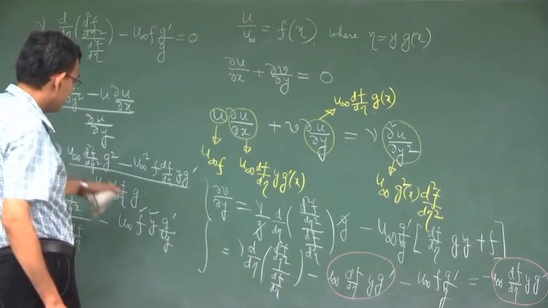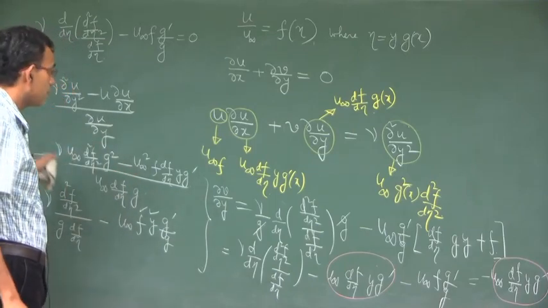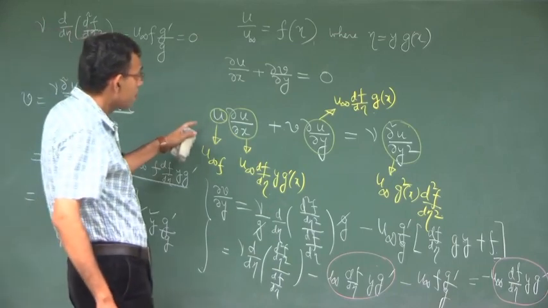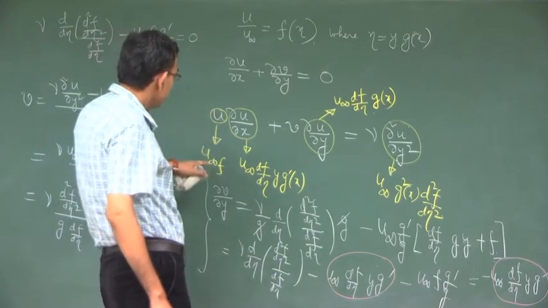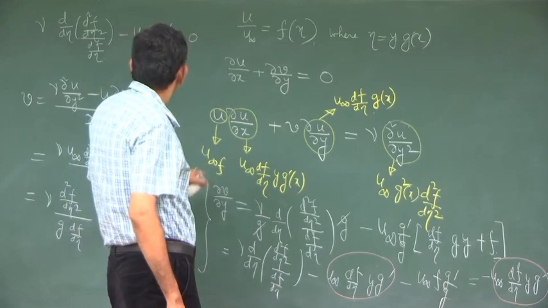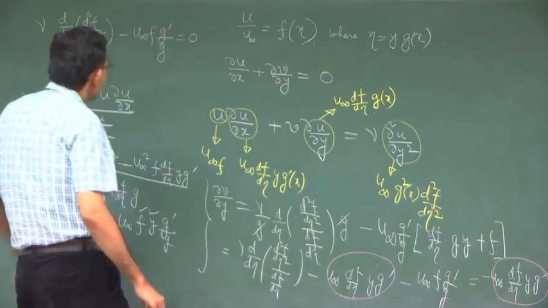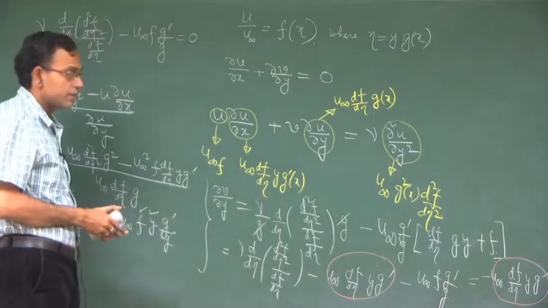Maybe one extra g has been missed somewhere. Let us see this. So, this is u infinity, we will see anyway.